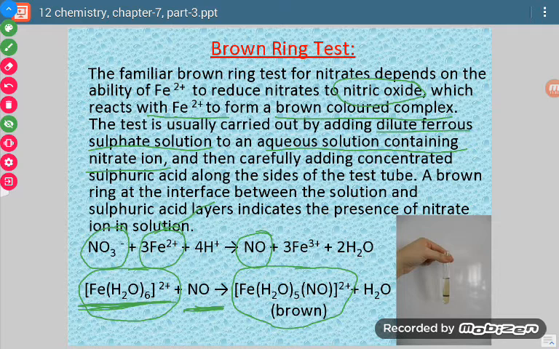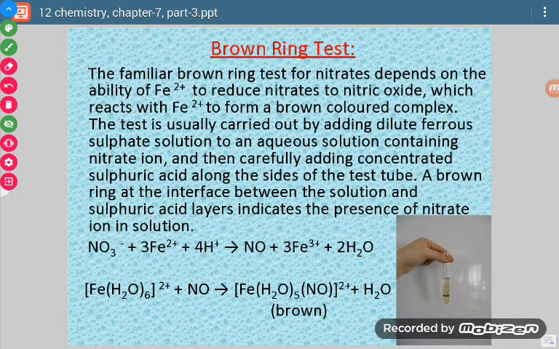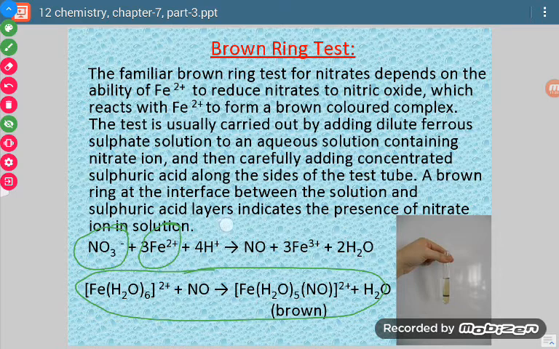Now see here in this picture, what we are going to do once we have added iron sulfate. We took this salt where nitrate ion was present, we added ferrous sulfate solution. Then this happened, and now we are going to add an acid along the side of the test tube.